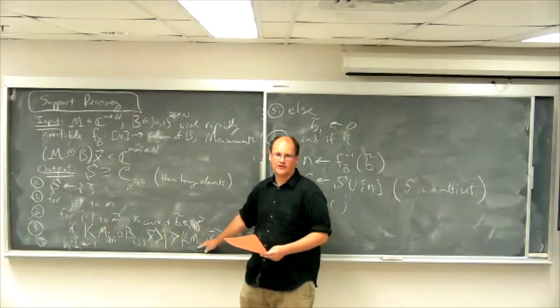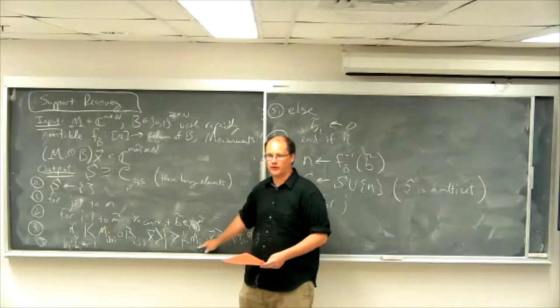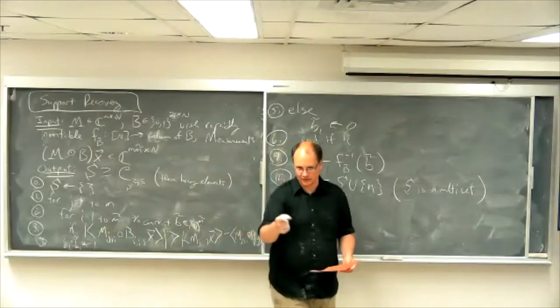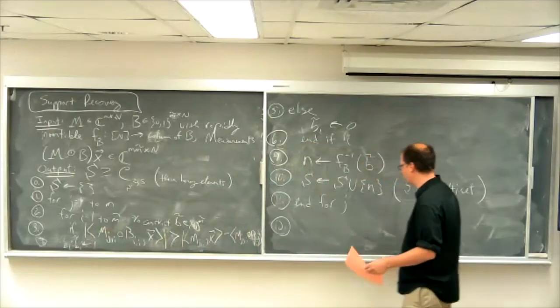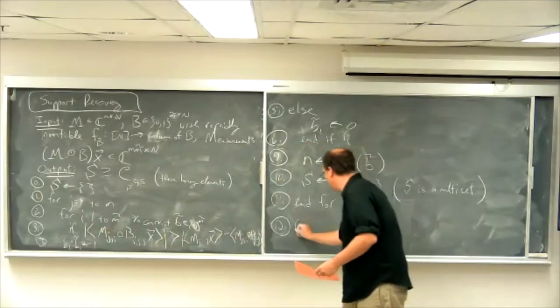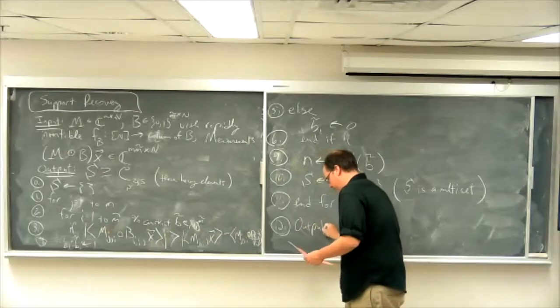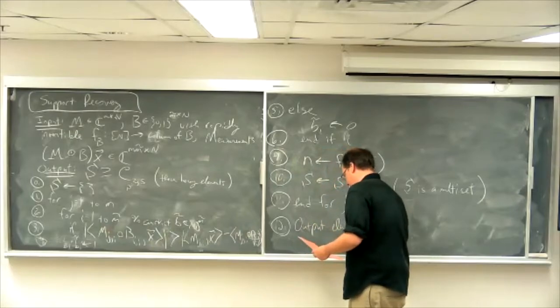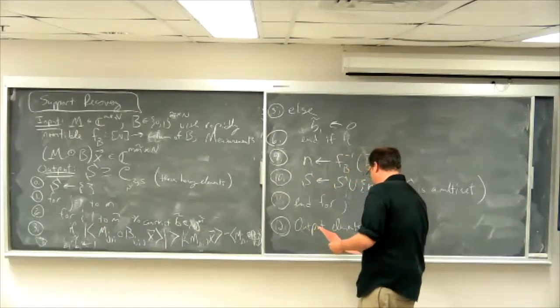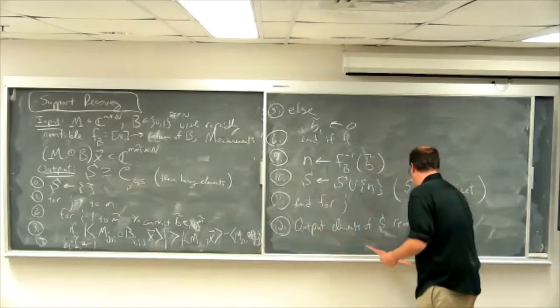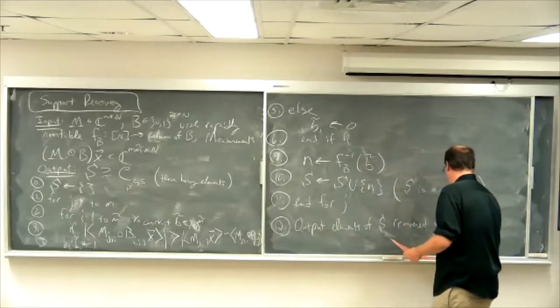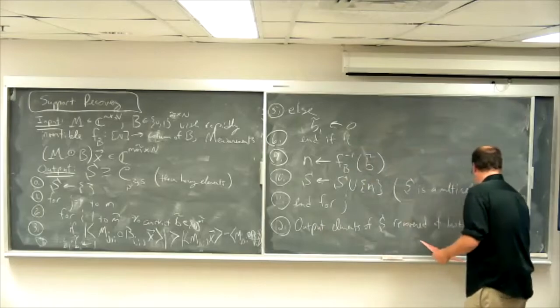That means you're going to recover important things at least k/2 times, something similar to what I was talking about with Simone before. So you output elements of S that you recovered at least k/2 times.